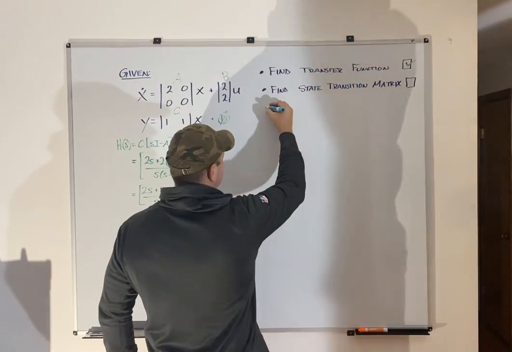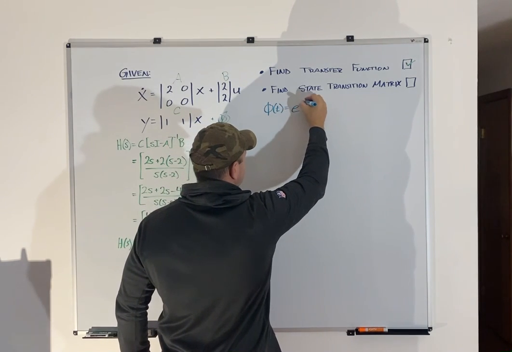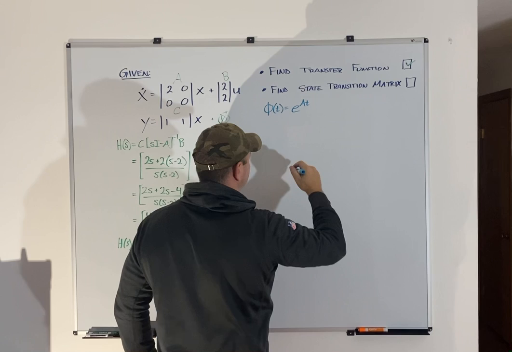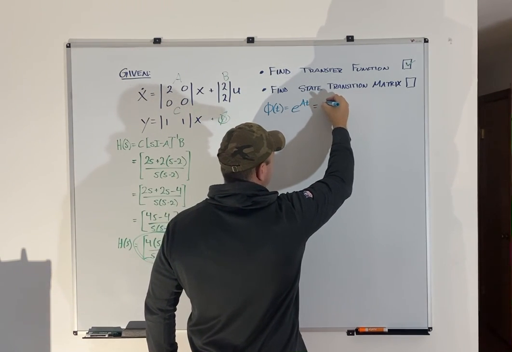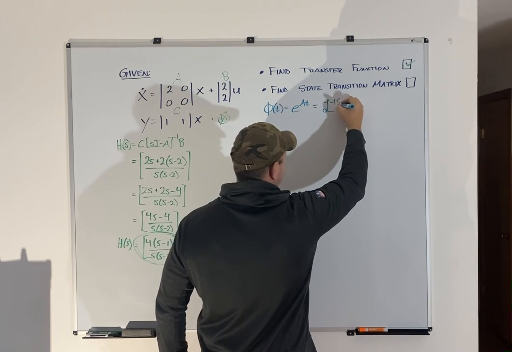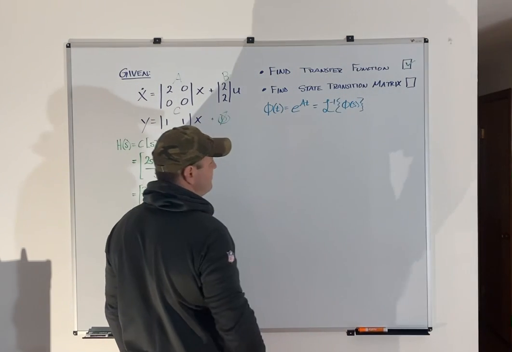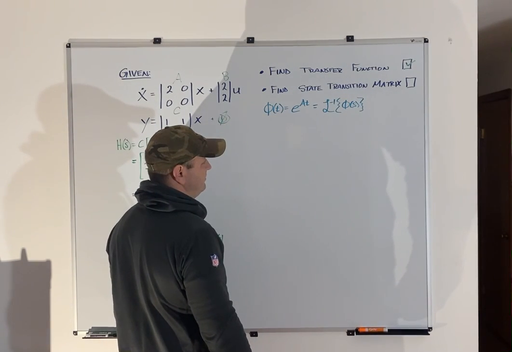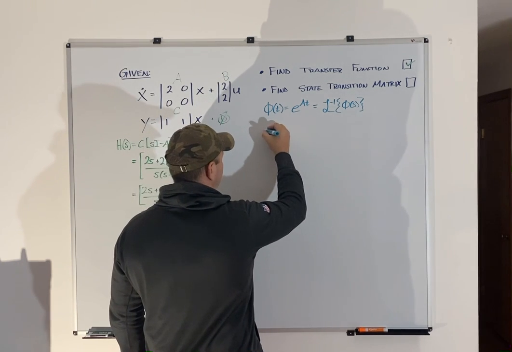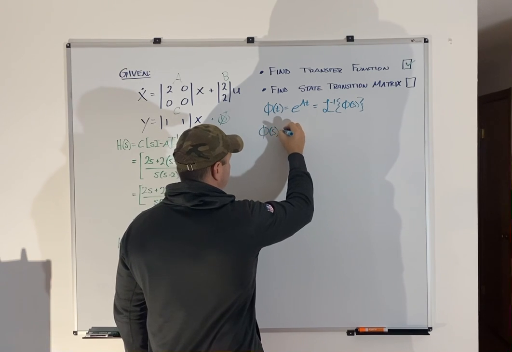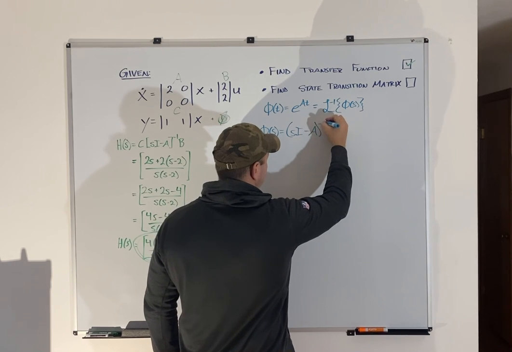The state transition matrix is a matrix called phi of t, which is also equal to e to the At, which is also equal to the inverse Laplace of phi of s. Phi of s is going to be equal to sI minus A inverse.